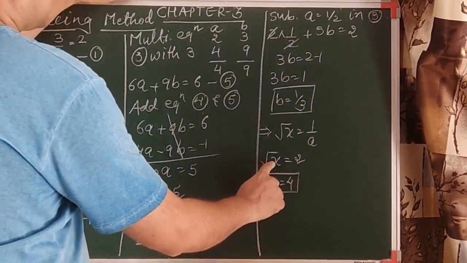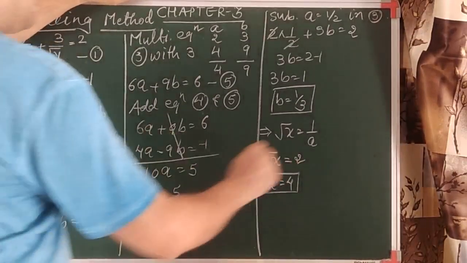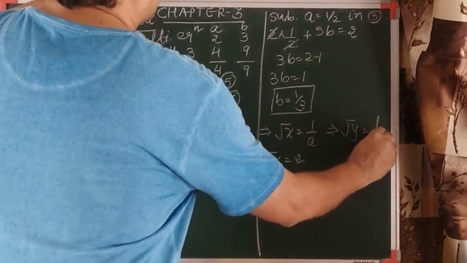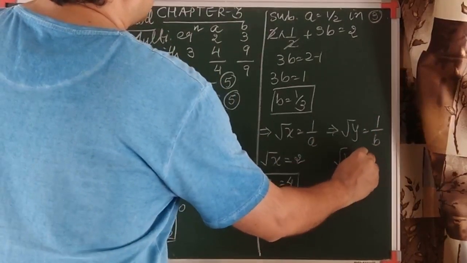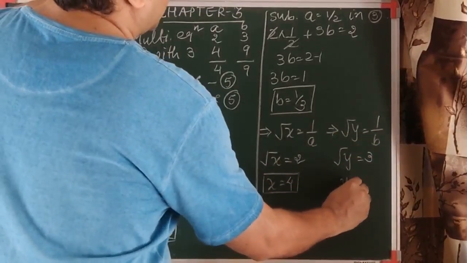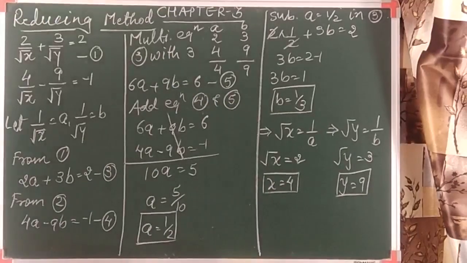See students, as it is a square root, to remove the square root we square both sides. The same way, root y is equal to 1 by b. So b is equal to 1 by 3, so its inverse is 3. Again, to remove the square root we have to square both sides. So thus the solution of this equation is 4 and 9.